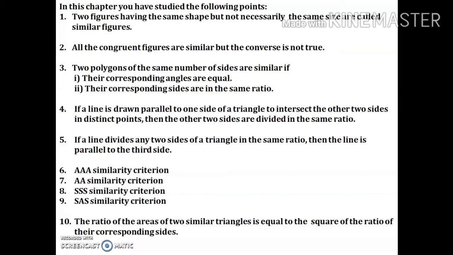Students, this is the theorem for which I told you the proof is deleted. The proof is deleted, but the theorem is still there and the problems are also there, and it's very important for you to study that. So, once again, the ratio of the areas of two similar triangles is equal to the square of the ratio of their corresponding sides. Let's see the 11th point.